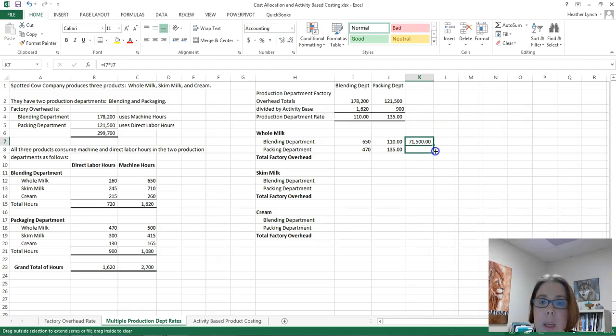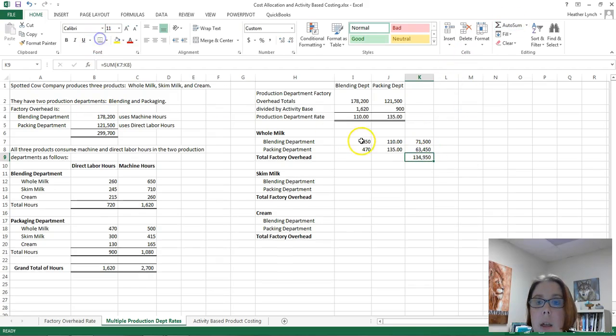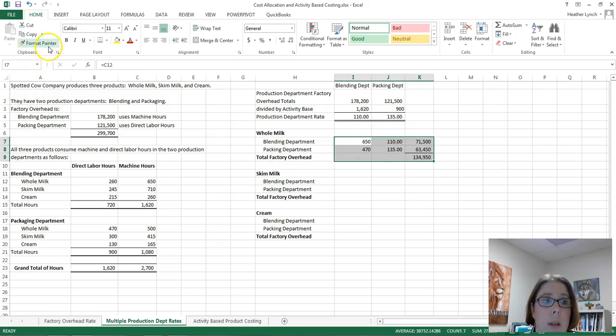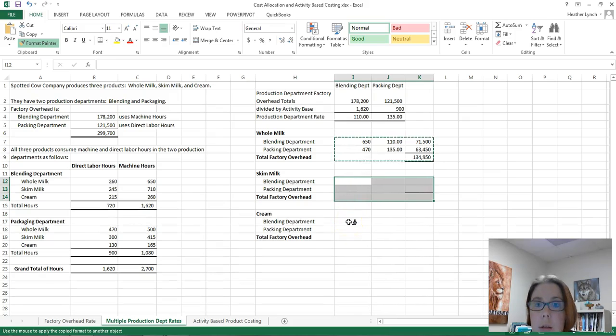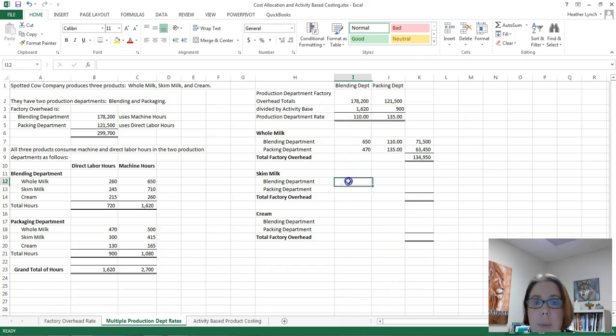So then that gives me my cost that will be allocated to each of those, and we're going to go ahead and get that a total. So total factory overhead for the whole milk is the $134,950. So I'm just going to do a quick formatting.